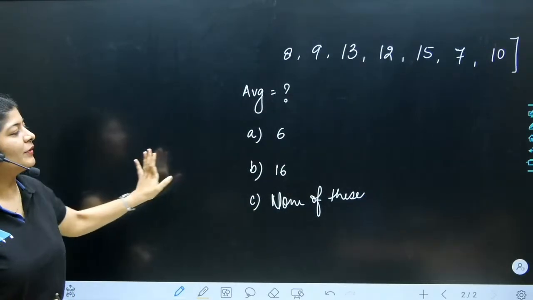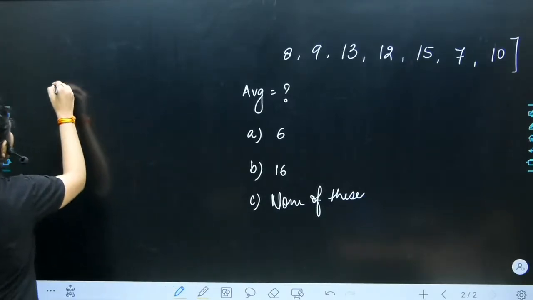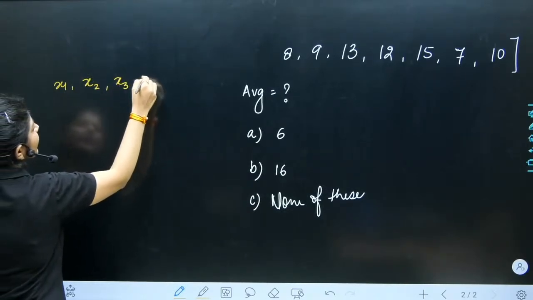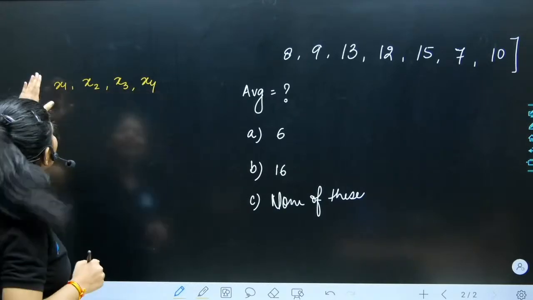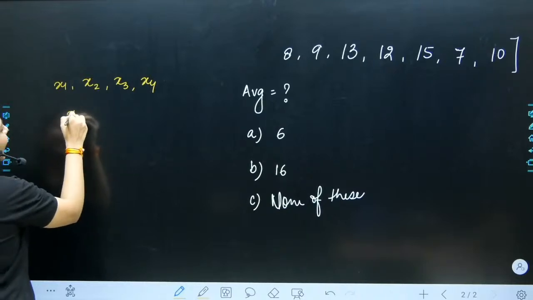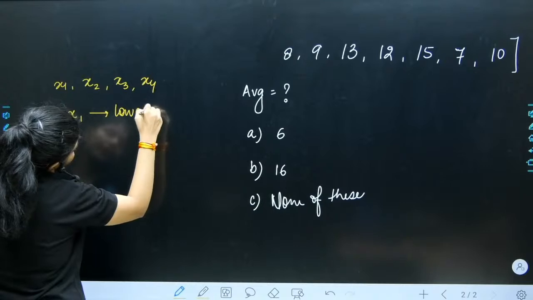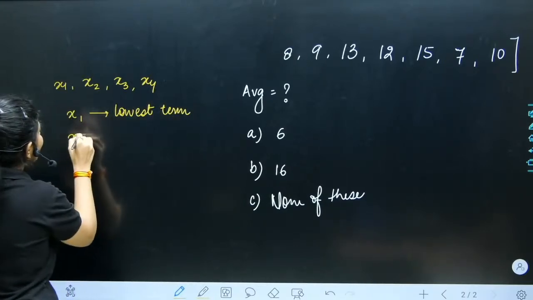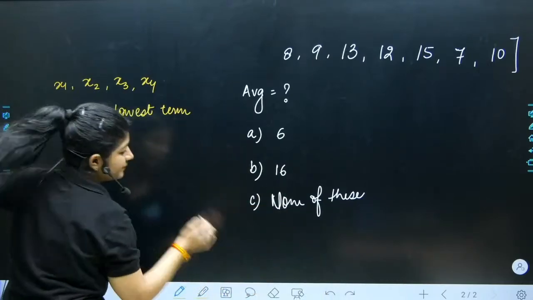Let's suppose I am having 4 terms, x1, x2, x3, x4, and x1 is the lowest term and x4 is the largest term, or the greatest term.